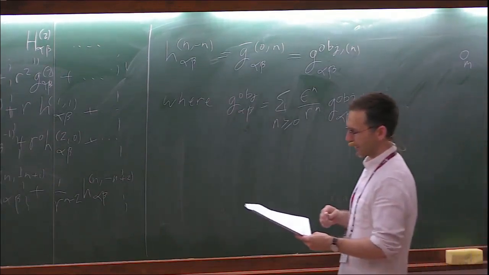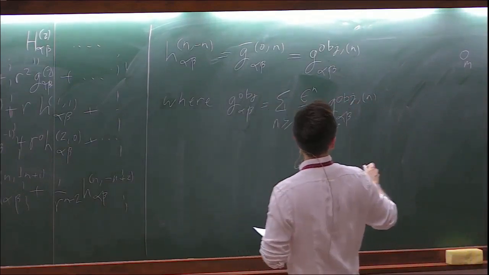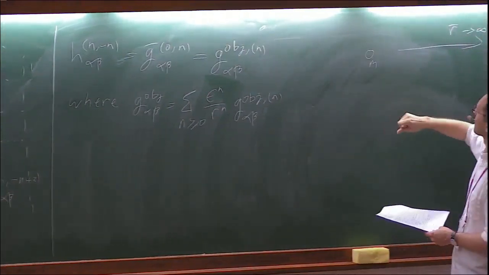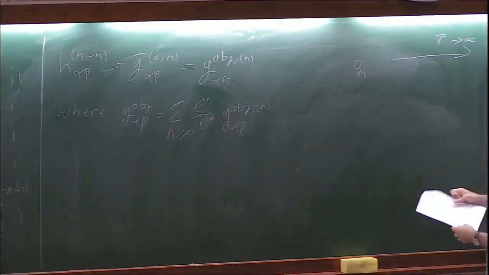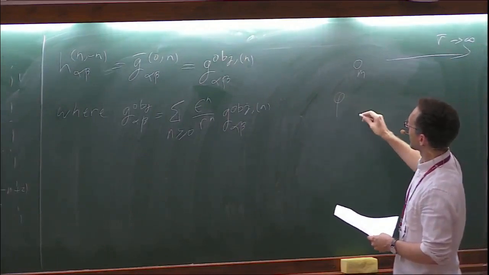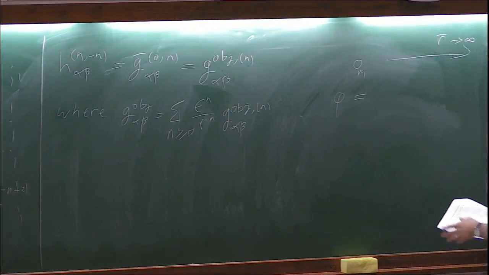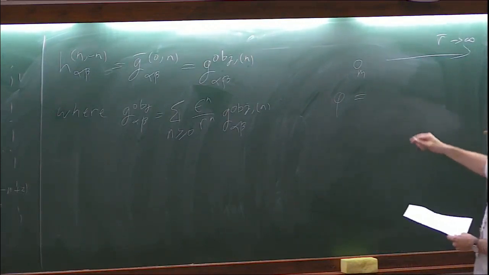So to think of why that makes sense, think of Newtonian gravity or electrostatics, and say you have some matter distribution and you're going far away and it's producing some potential. Then you can perform a multipole expansion of the potential.